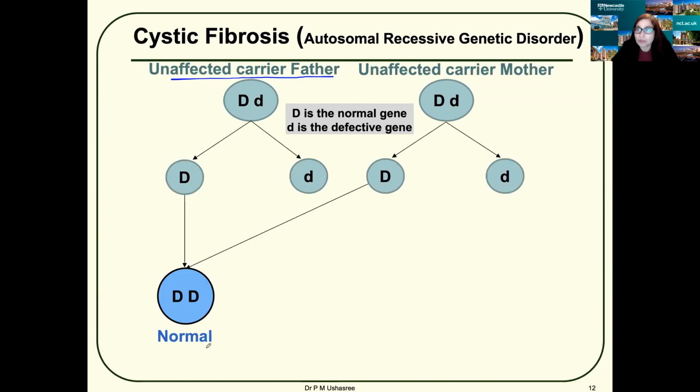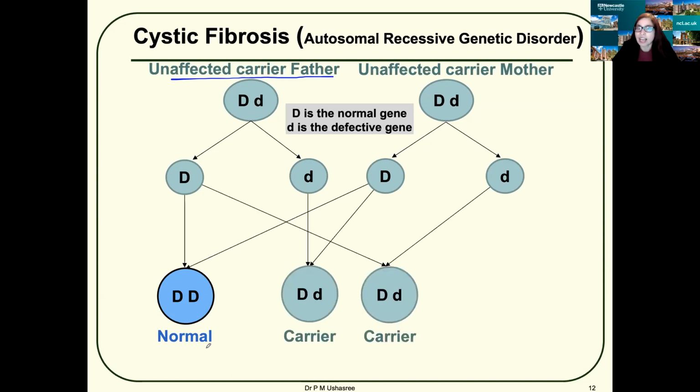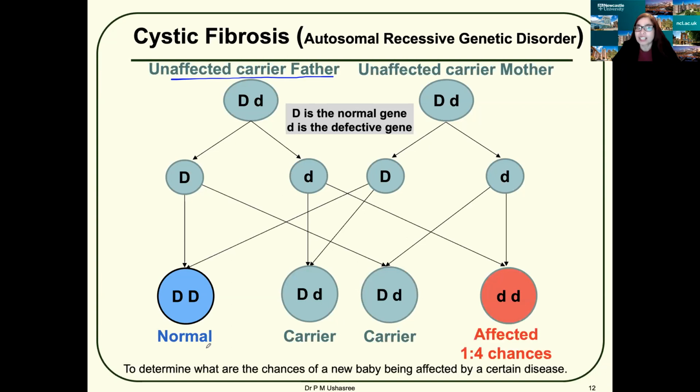We get one normal baby, two carrier babies, and one affected baby. And what do we conclude from this? We use statistics and draw a conclusion that 1 in 4 babies will be affected in a cross between a carrier father and mother.